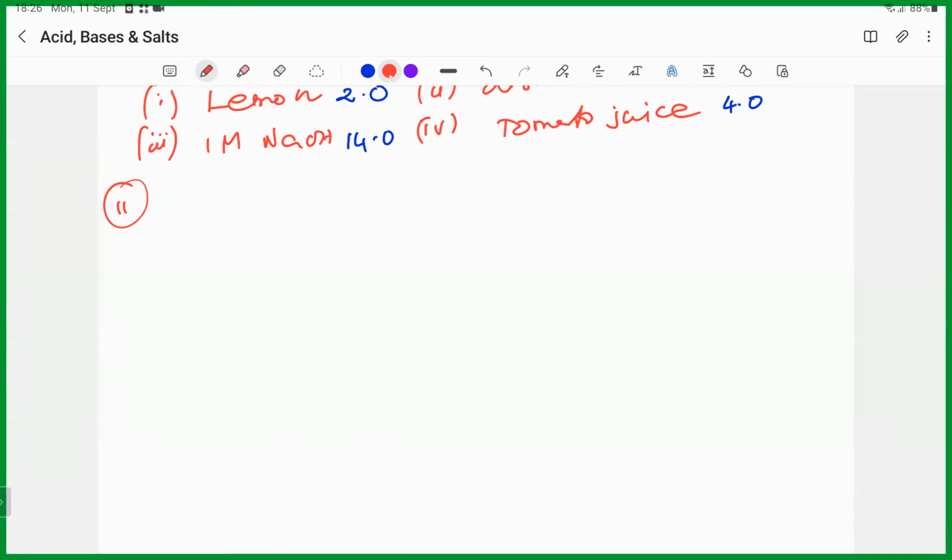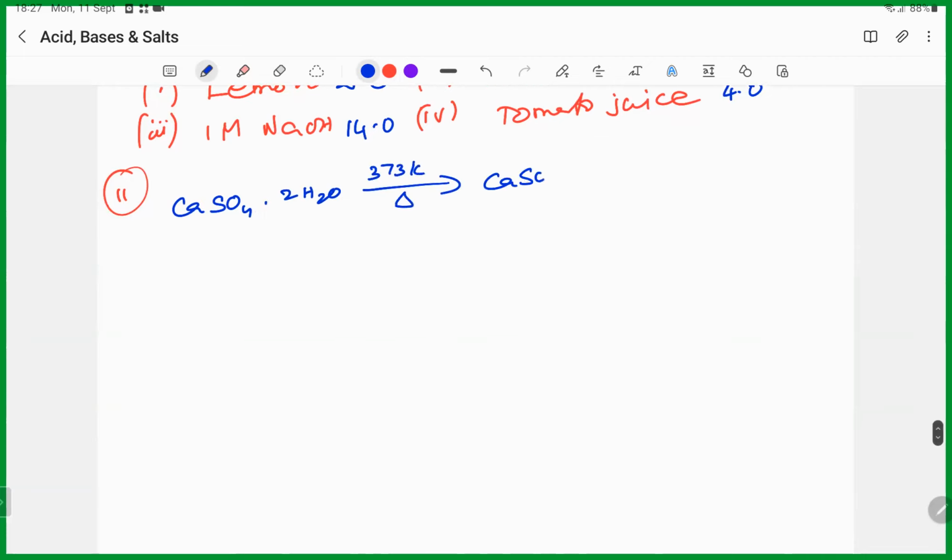So how will you prepare that? What is the formula for gypsum? At 373 Kelvin, when you are heating, it becomes calcium sulfate hemihydrate, and then 3/2 water molecule can be removed. So the temperature should not be allowed to rise beyond 373.